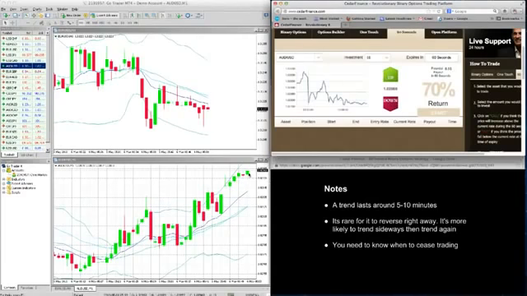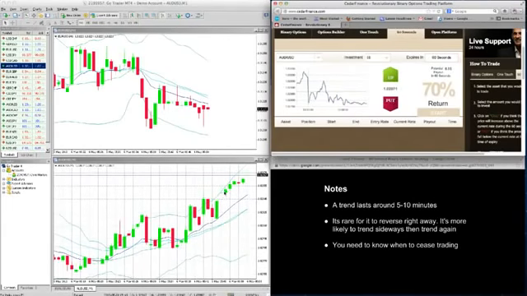You can see here now the next candlestick forming is green, so the trend may be continuing. You've seen there's 1, 2, 3, 4, 5, 6 out of 7 bars all green going upwards.